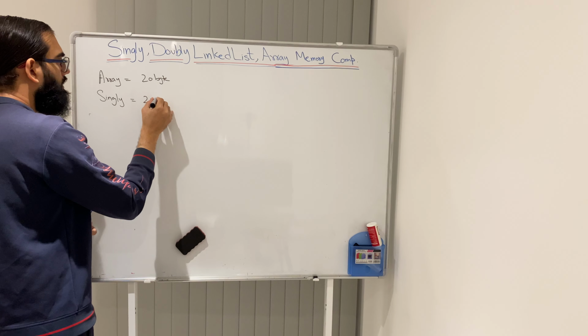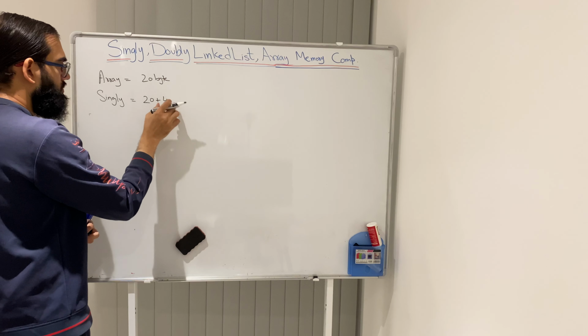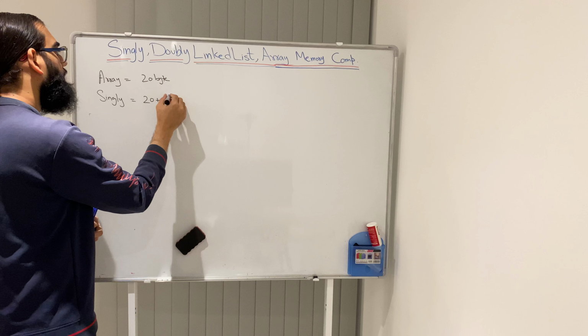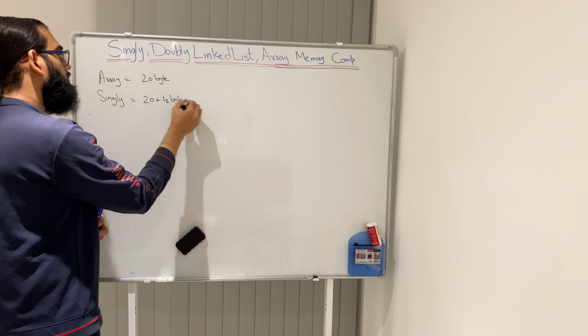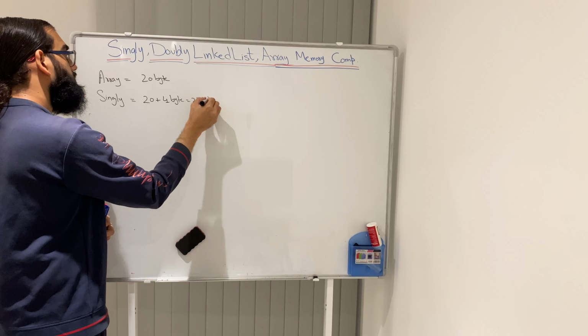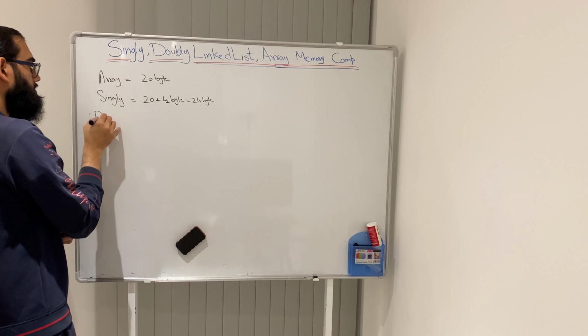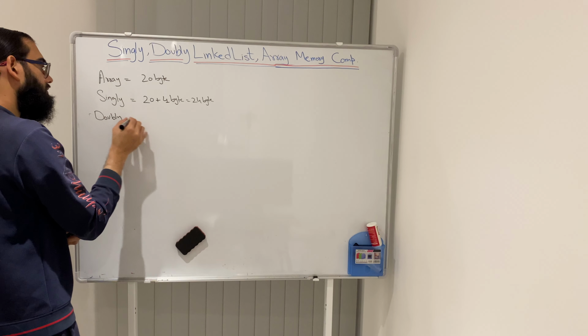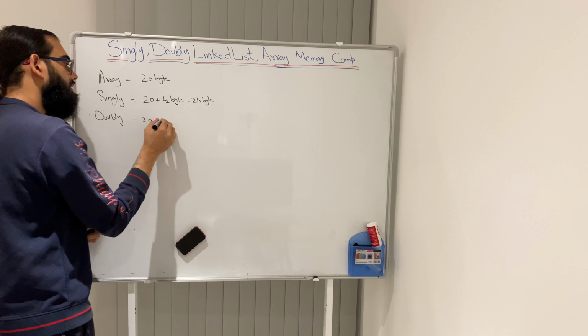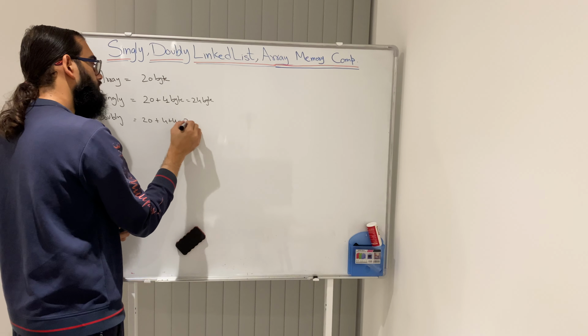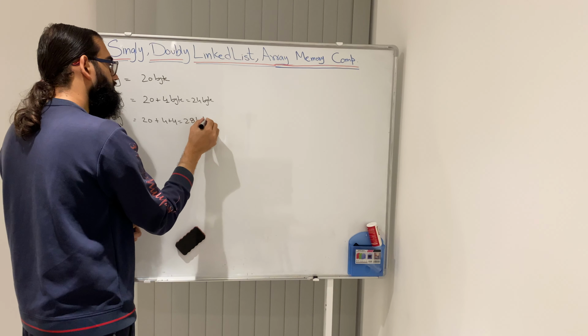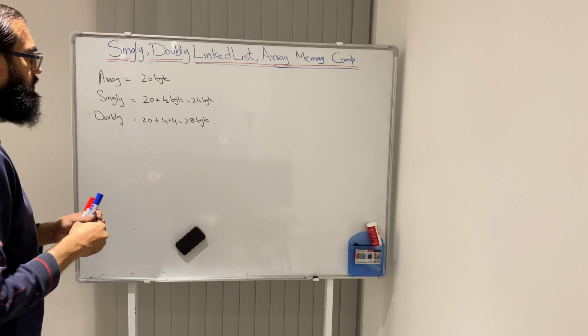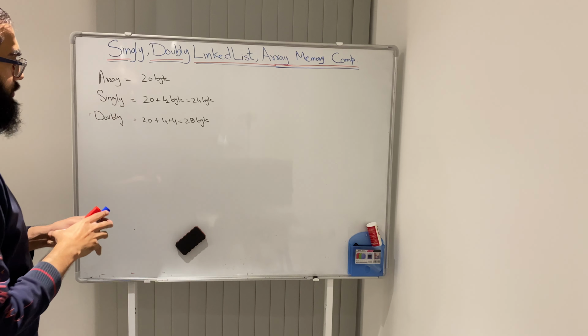So 20 plus 4 extra reference in case of Java. So total will be 24 byte for the same information. And in case of doubly, I have 20 plus 4 plus 4, which is 28 byte. So that is how we are going to use memory.